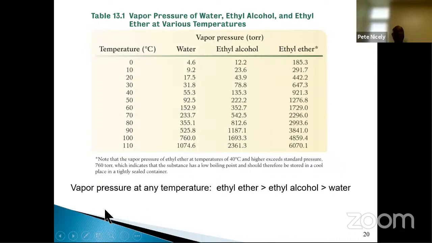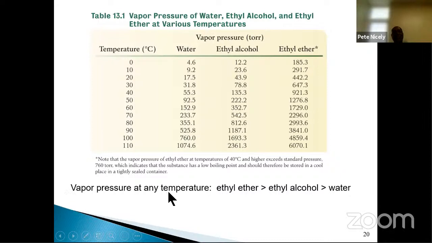Now, we can make comparisons between different liquids at the same temperature and see which one would have a higher vapor pressure. And if you look at the table here and the numbers associated with the different liquids, you'll see that of these substances, the one with the highest vapor pressure would be ethyl ether. And this is true at any temperature. So that's what it says here.